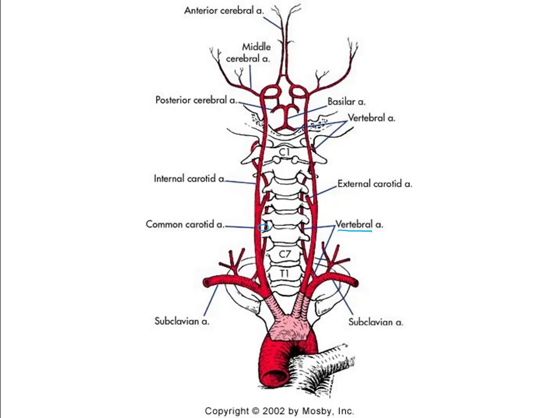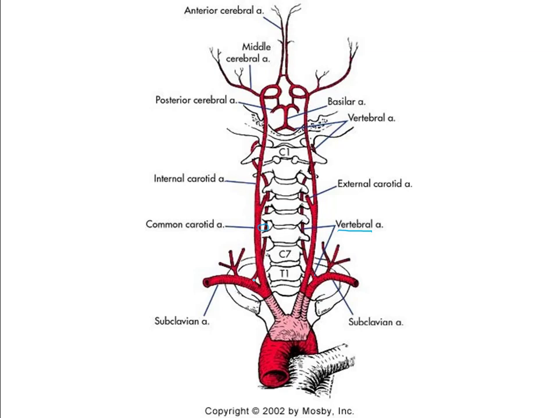The carotids come up anteriorly and laterally in the neck. The vertebrals, what do you expect them to be next to? Vertebra. Okay, they run right lateral to the vertebral bodies, up on either side. And now how are they going to get inside the skull? So, foramen magnum would be a good bet.